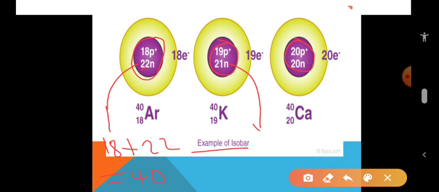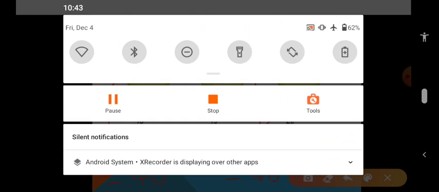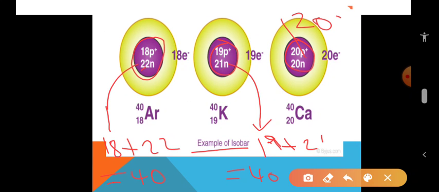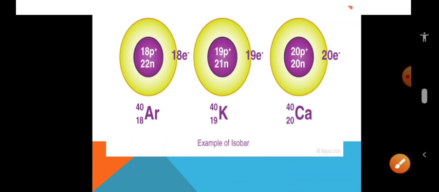Let us take the second one. What is the mass number? 19 plus 21 is equal to 40. Take the third one, 20 plus 20, 40. So for the first one, second one, third one, the mass number is the same.